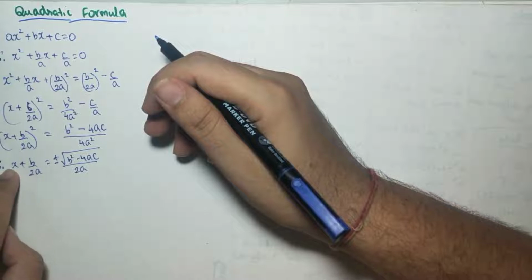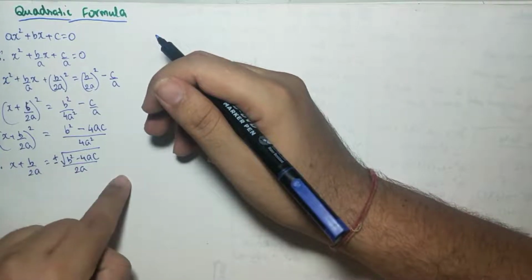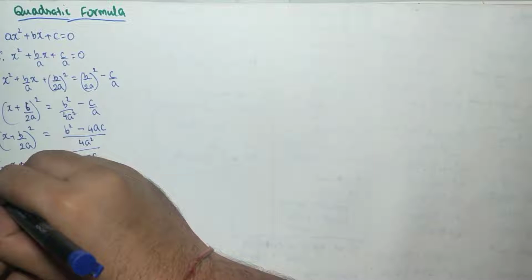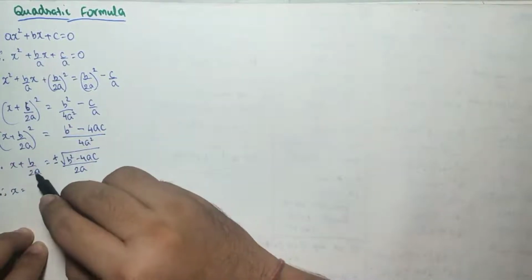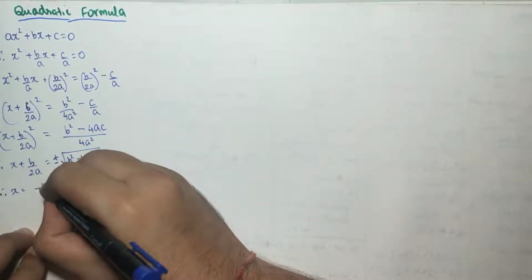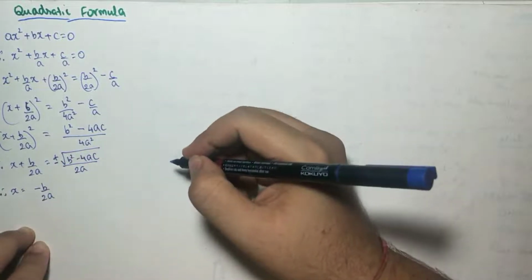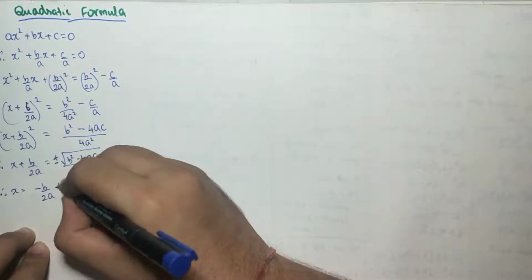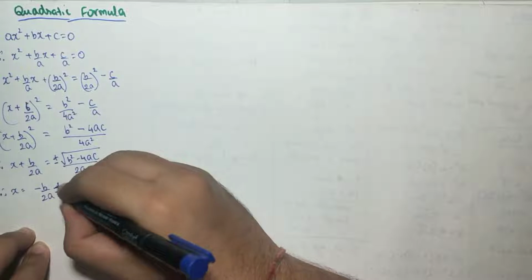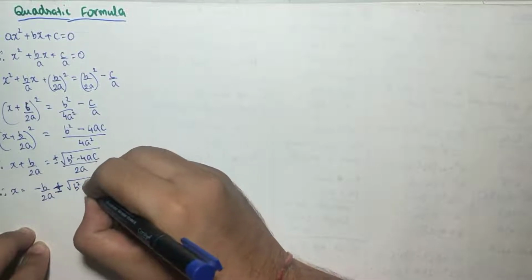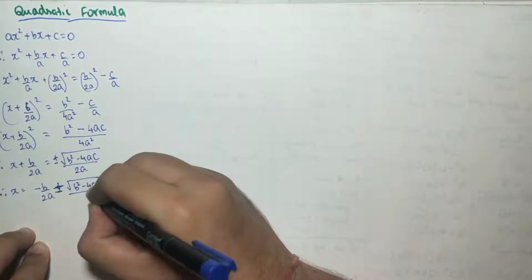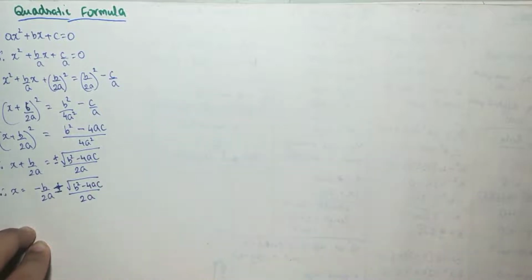Now to find this x, this b upon 2a will go on the left hand side. This plus b by 2a becomes minus b upon 2a. It is plus or minus under root b square minus 4ac upon 2a.